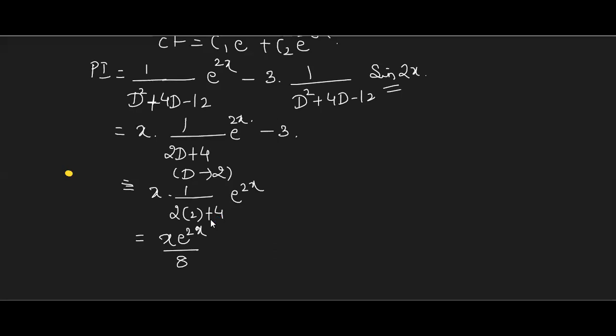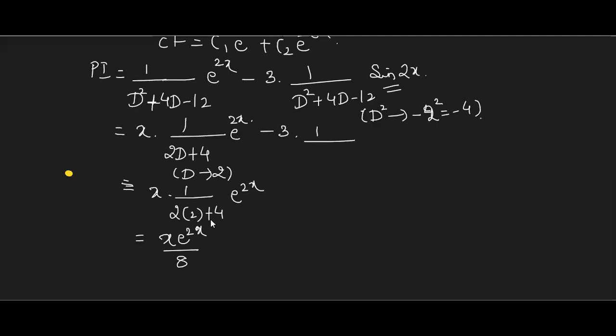So, what is the procedure? Whether we have to replace d or d square? d square. See here, there is a d square term. So 100% it will not become 0. Not to worry, just replace it. d square has to be replaced by minus 2 square, minus 4.